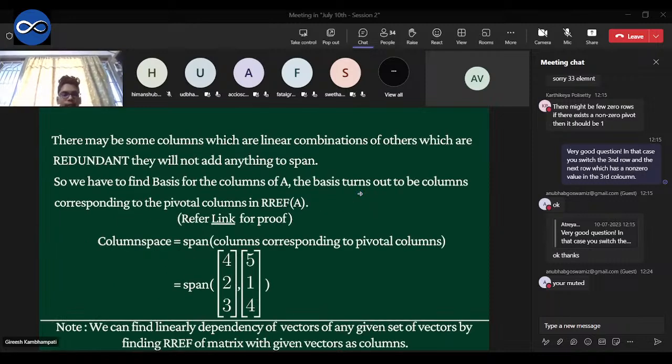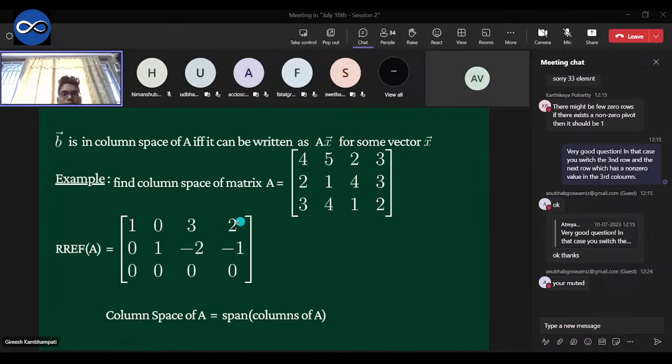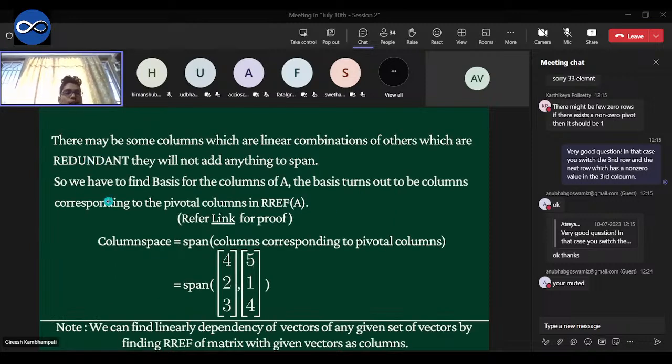Here the third and fourth columns are redundant, as they are linear combinations of the first two columns. How can we say that? The basis for the column space is the pivotal columns, so we have to find a basis for the columns of A.